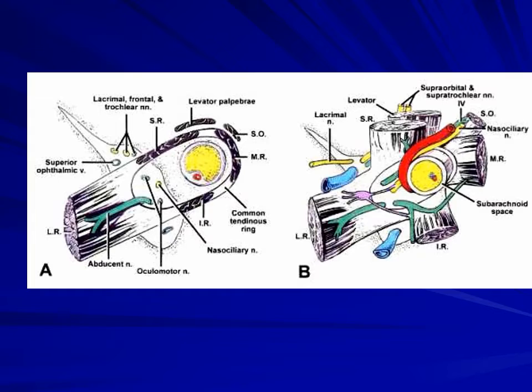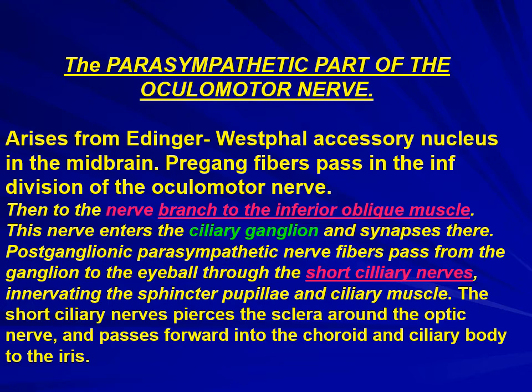Here is the tendinous ring and the superior and inferior parts of the oculomotor nerve. The parasympathetic part of the oculomotor nerve arises from the Edinger-Westphal accessory nucleus of the third cranial nerve in the midbrain. Preganglionic fibers pass with the inferior division of the oculomotor nerve, then with the branch to the inferior oblique muscle.